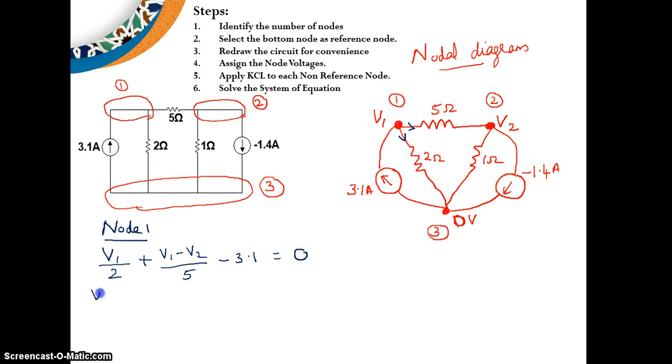On readjusting the equation, V1 by 2 plus V1 by 5 minus V2 by 5 equals 3.1.